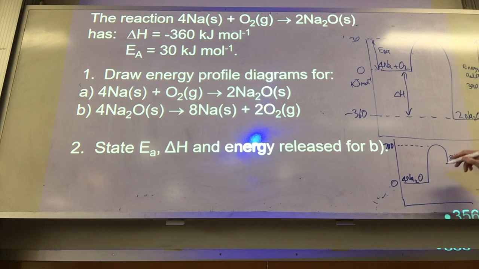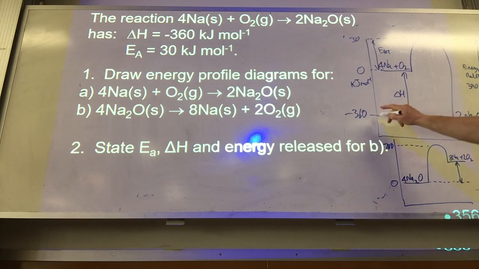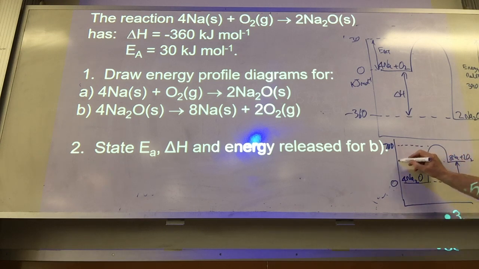The delta H, of course, goes from being negative 360 to positive, and because we're doubling the moles, we'll be doubling the value of delta H. So that will be 720.